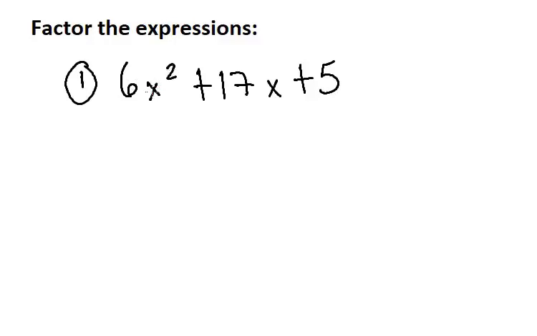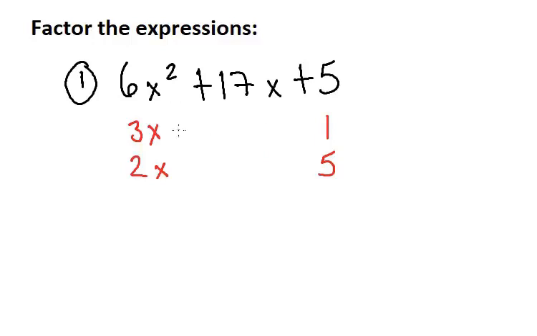Those two numbers are 3x and 2x, because 3 times 2 gives me 6 and x times x gives me x squared. Same thing with the 5. I need to think of two numbers that give me 5. Those numbers will be 1 times 5. So that is the part of finding the numbers.